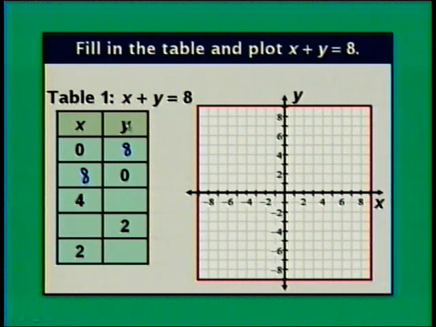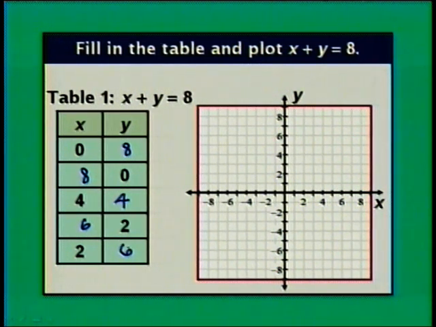Well, thinking of our equation again, x plus y equals 8, so 4 plus y equals 8, so y must be 4. What about if y is 2? Well, since x plus y equals 8, that means x plus 2 equals 8, so x must be 6. Likewise, if x is 2, then y must be 6. 2 plus 6 again is 8.